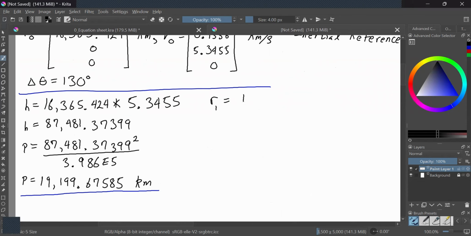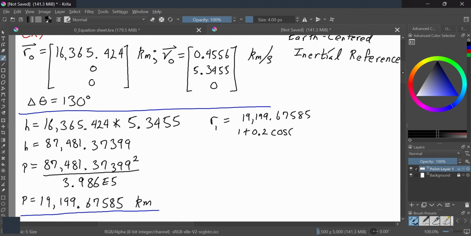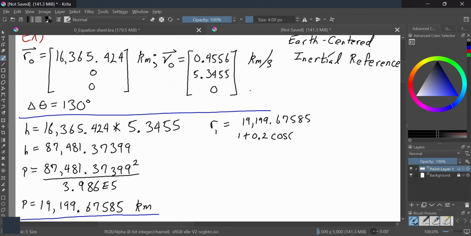And 19,199.67585 over 1 plus 0.2 times the cosine of... So we have seen in the past that to get to this value right here, our initial theta has to be 30 degrees.